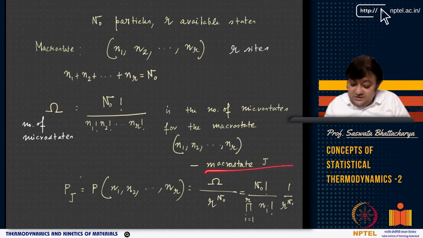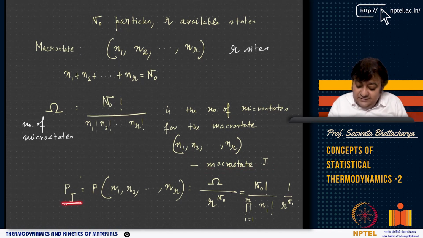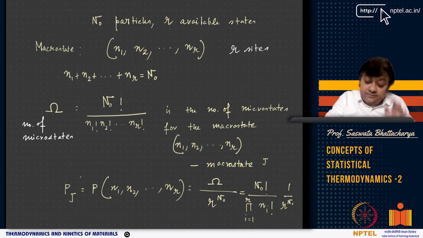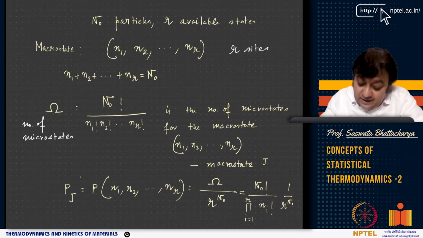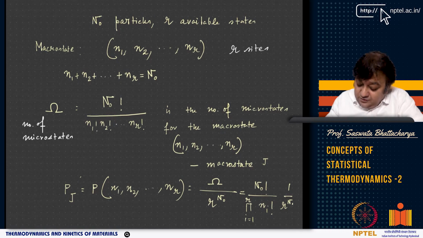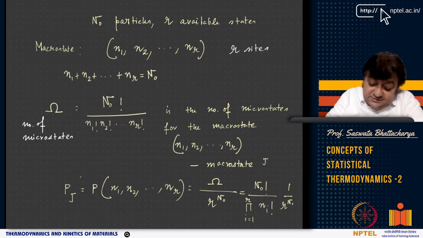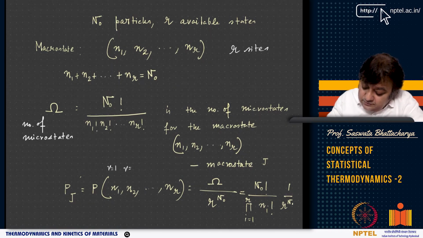Let us call this macrostate J. Now the probability of finding this macrostate J is the probability of finding a state where n1 particles occupy energy level epsilon 1, and n2 occupy energy level 2. Basically here we can write r equal to 1, here r equal to 2, like that.